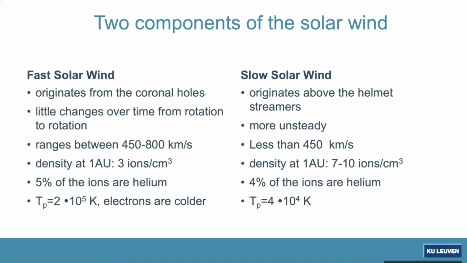Nobody knows why. The fast solar wind is also hotter, 10 to the 5 Kelvin, while the slow solar wind is cooler.